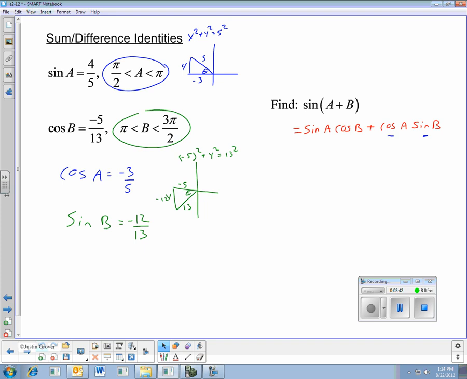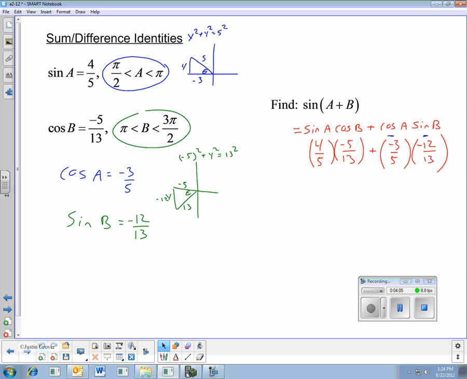And so now I have everything that I need. Sine A is 4 over 5. Cosine B is negative 5 over 13. Cosine A is negative 3 over 5. And sine B we also found is negative 12 over 13.